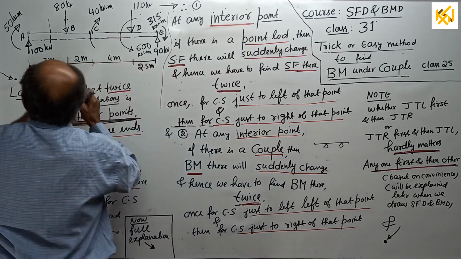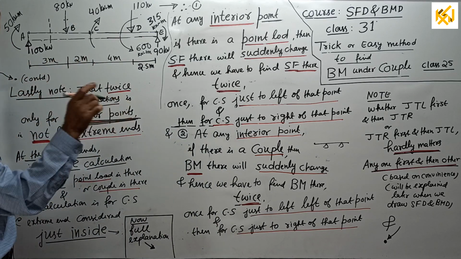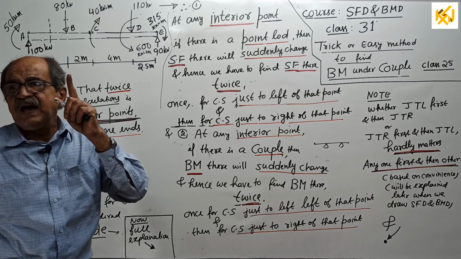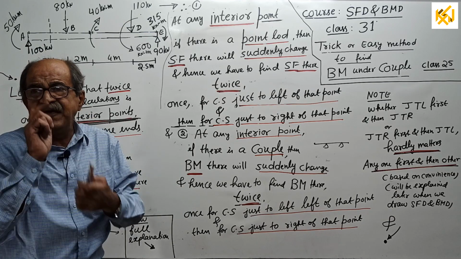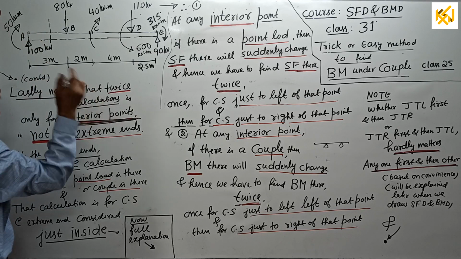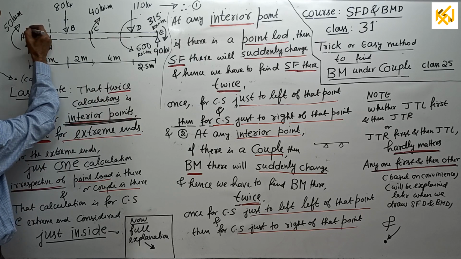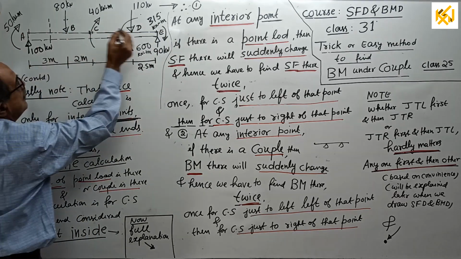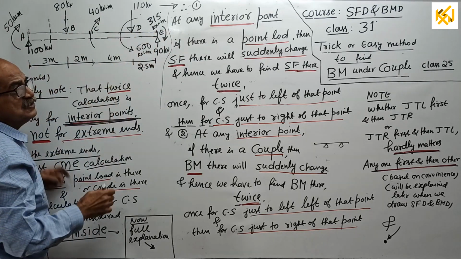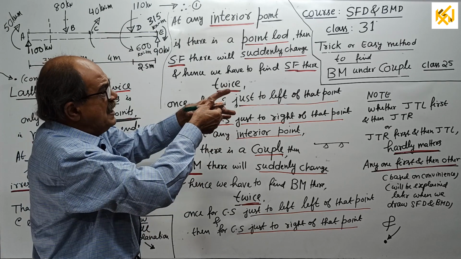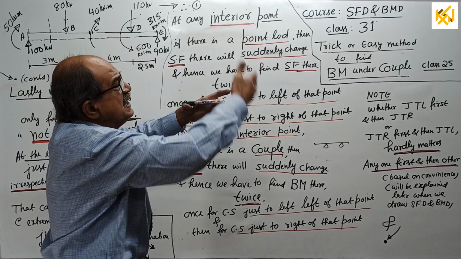At the extreme end, whatever you are calculating, shear force or bending moment, it is understood for a cross section which is slightly inside. Slightly outside here is nonsense, because where is the beam first of all? If there is no beam here, you cannot tell shear force here.